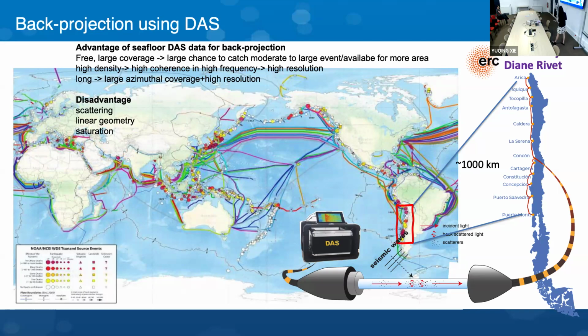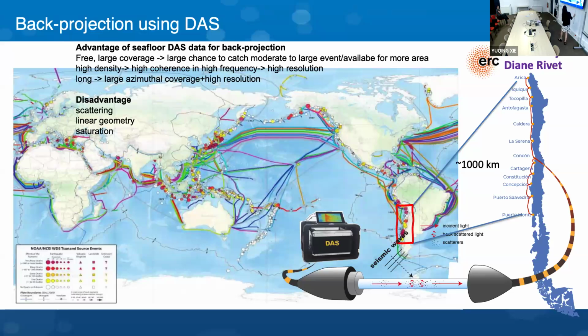This data set looks perfect for our method. First, the data is free, but in fact, I know the interrogator takes a lot of money for an individual research group. But compared to the government, it may be reasonable, and it has large coverage.